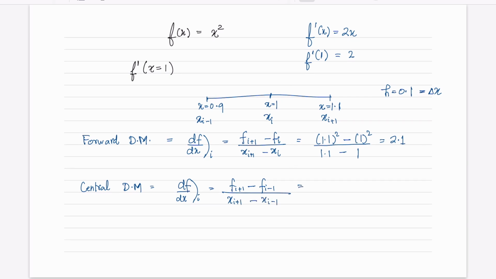So this becomes 1.1 square minus 0.9 square divided by 1.1 minus 0.9. And when you do the calculations here, you will get that this is exactly 2.